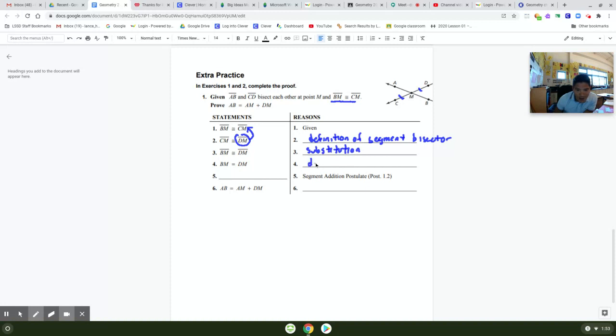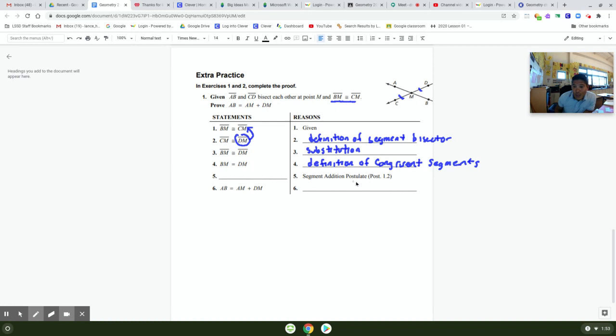Segments are congruent, then their lengths are equal. Okay, and then the next statement is unknown, or we need to figure it out.